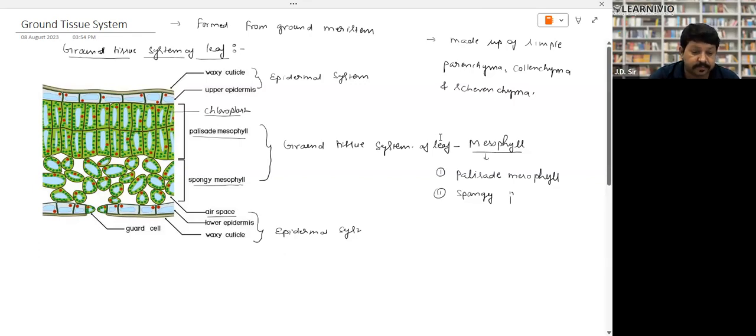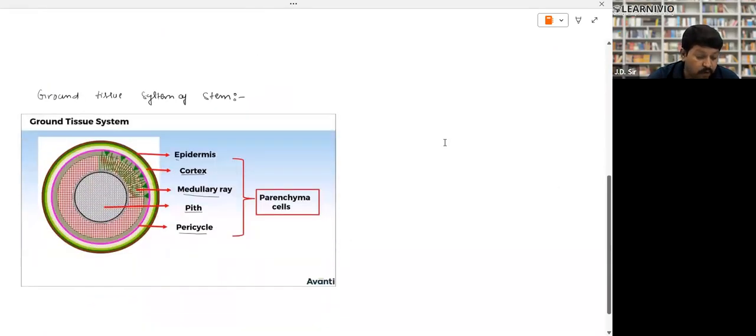Next heading, ground tissue system of the stem.